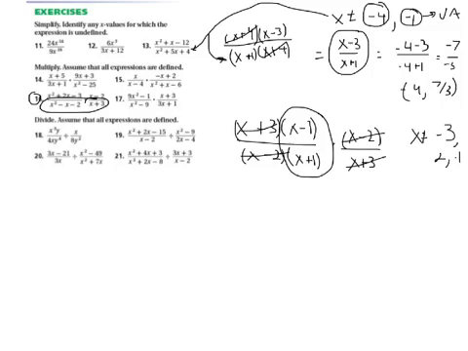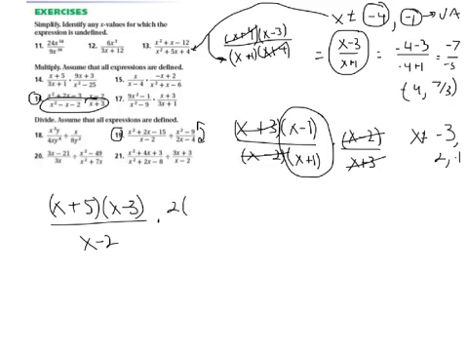For division here, I'll do 19. 19 is a good one. So if I factor the first numerator, I get x plus 5, x minus 3, all over x minus 2, times, now I'm going to flop these two because we're dividing by a fraction, which means you flip and multiply.